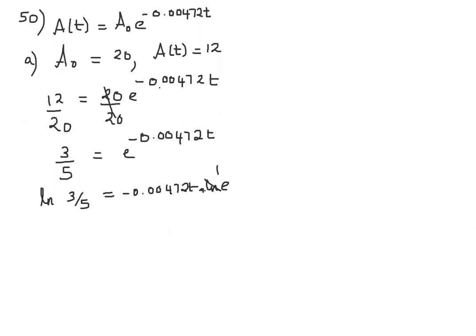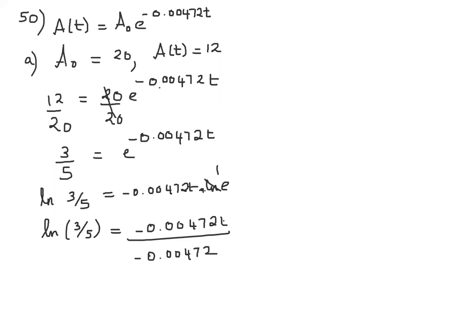So use your calculator to get ln of 3/5 and divide both sides by negative 0.00472. So I got t equal to 108 years. That's a long time.